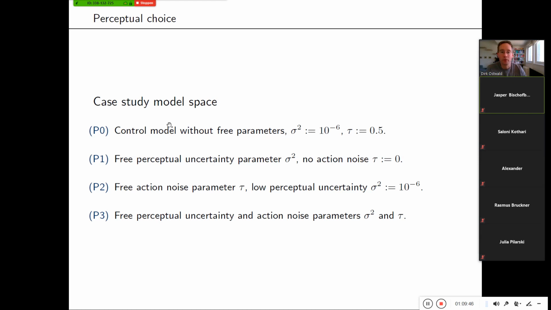A first one would be a control model that generates random actions. The way it generates random actions is that it's actually doing things quite well internally, but it always has a probability of 0.5 to come up with either this or that action.